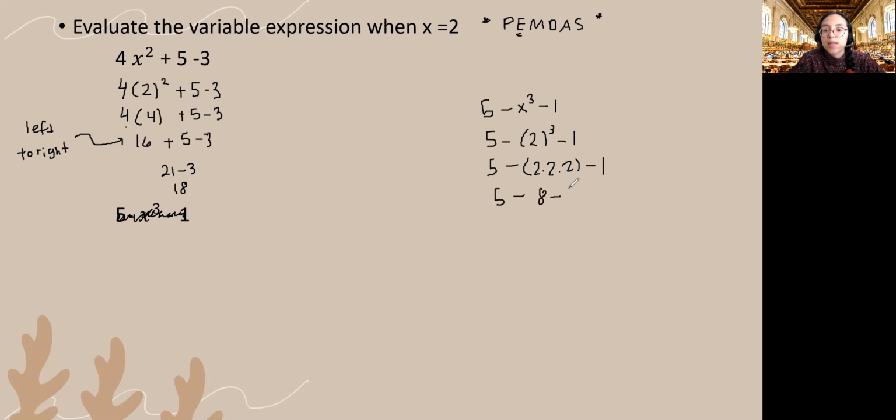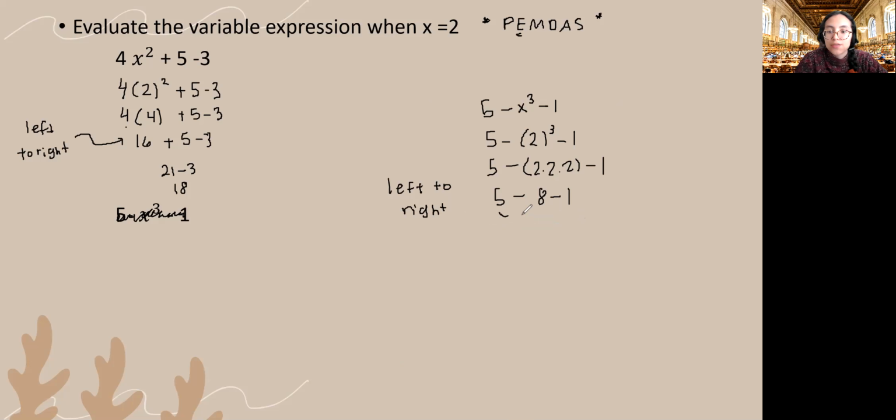So 8 minus 1. So now we have subtraction, and we're going to use our left to right rule. So we're going to start on the left and work our way over there. Okay, so what does that mean? That means we are going to subtract 5 minus 8 first, and then subtract the 1.